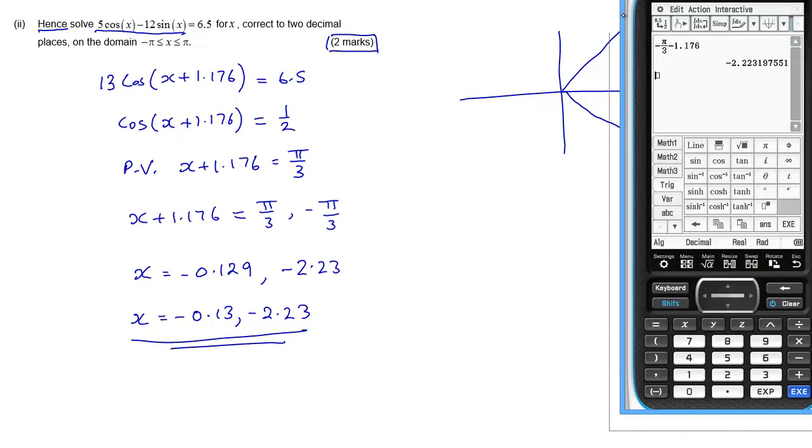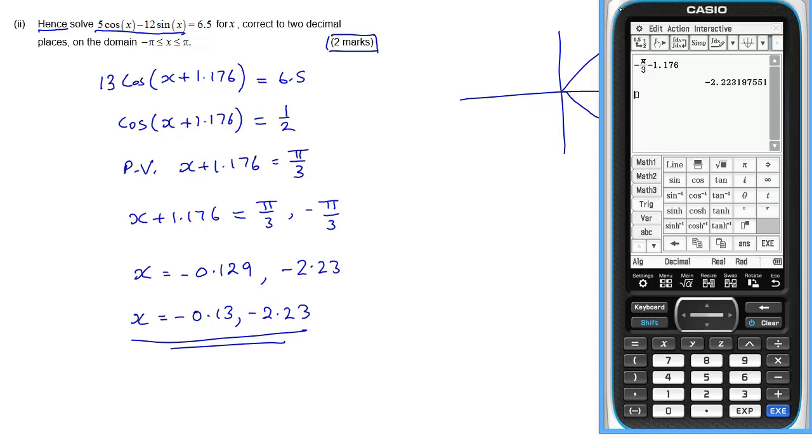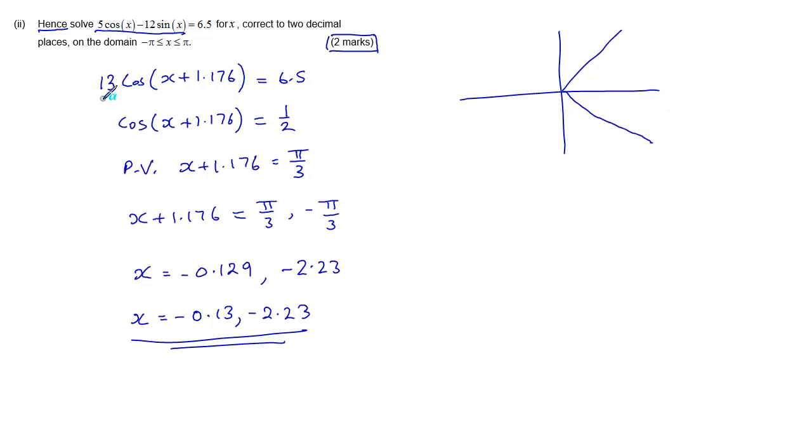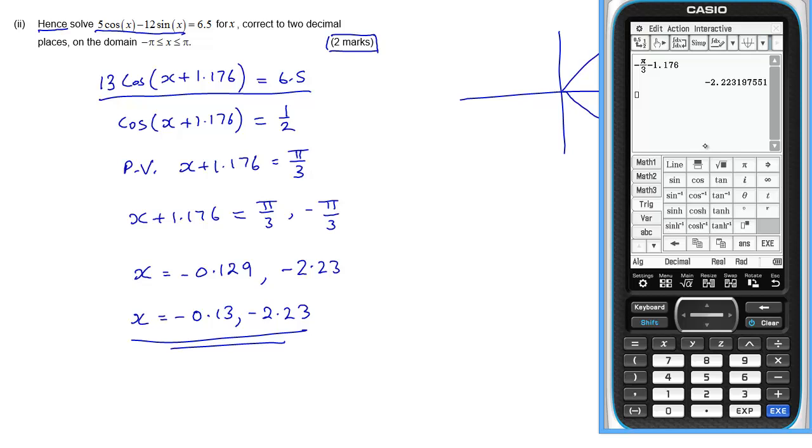This was the calculator paper, and it's only 2 marks. So right back here where we first substituted, we could then have solved.